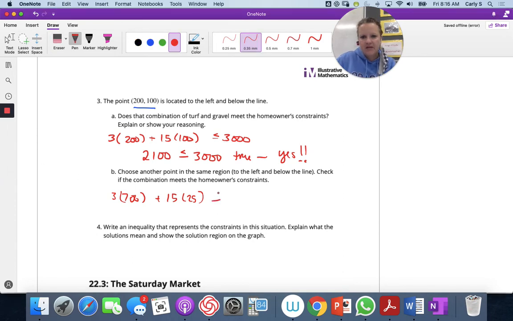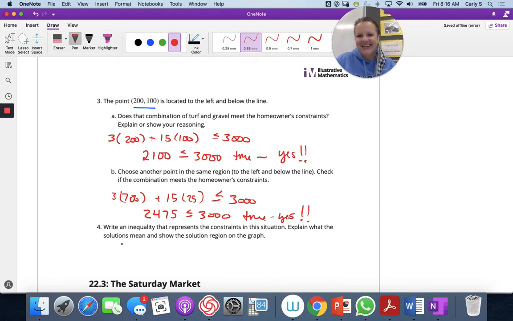Is that less than or equal to 3,000? Sorry, I got distracted. There we go. 2,475 is less than or equal to 3,000. So true. Yes, it does work.